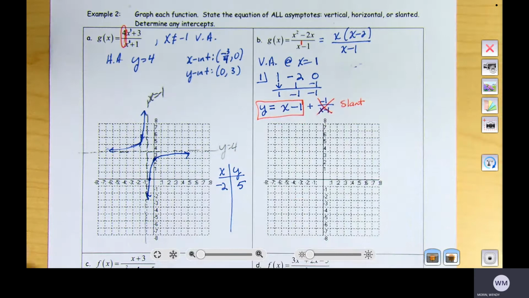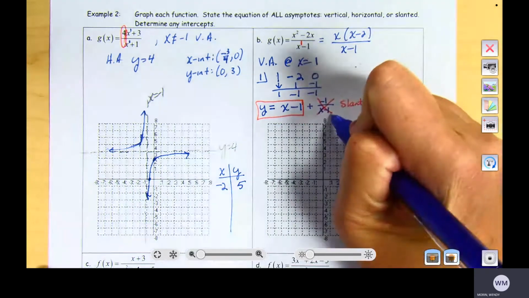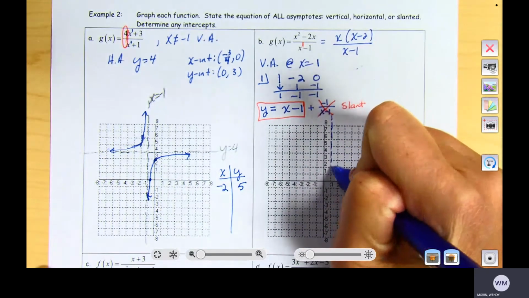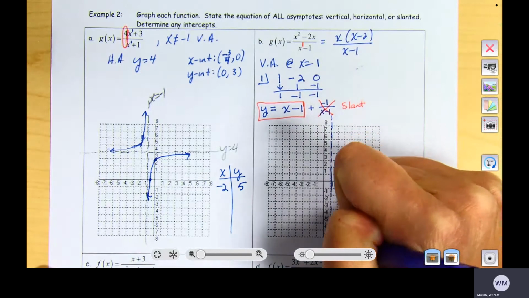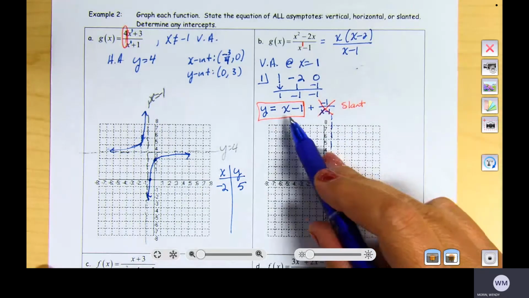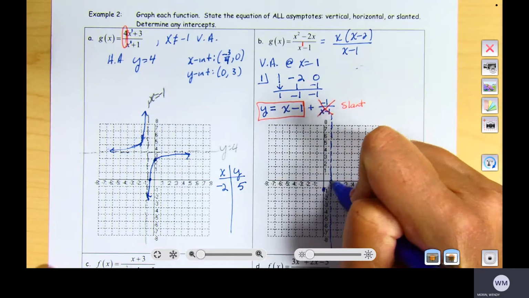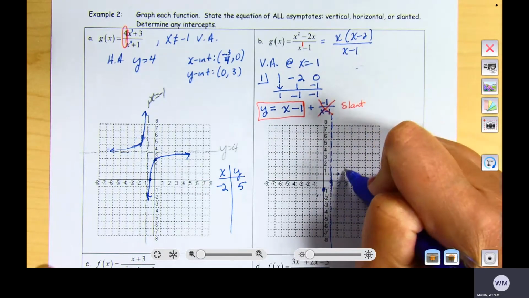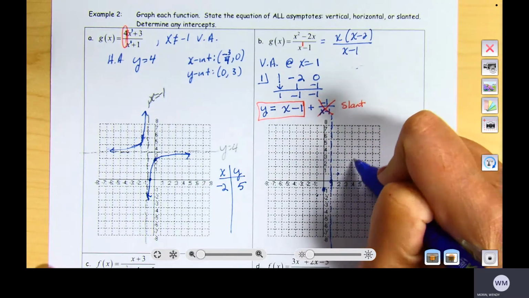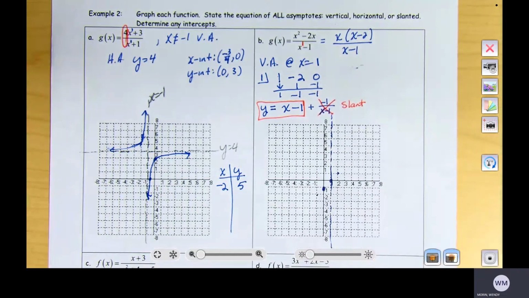So let's go ahead and put those in. Vertical asymptote at x equals 1. You have a slant asymptote, so let's see, we go through -1, slope of 1. See if I can get a straight line here. I probably should pull out my ruler. I know I'm going to mess up.